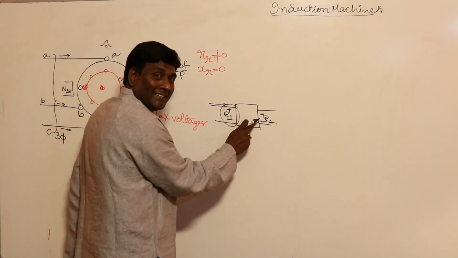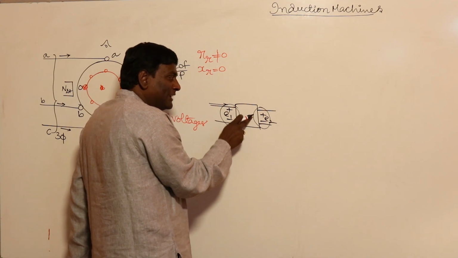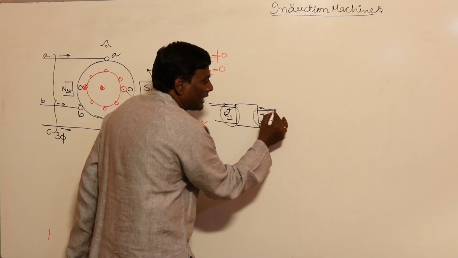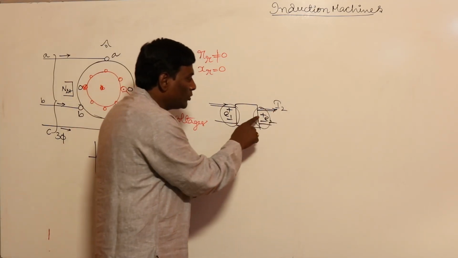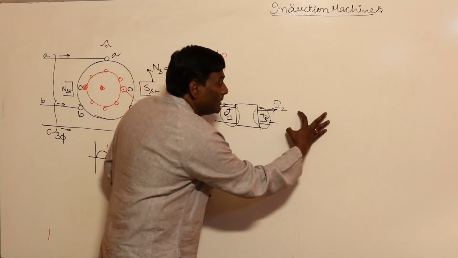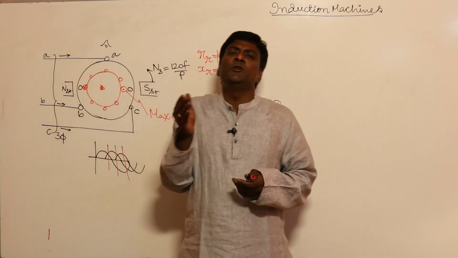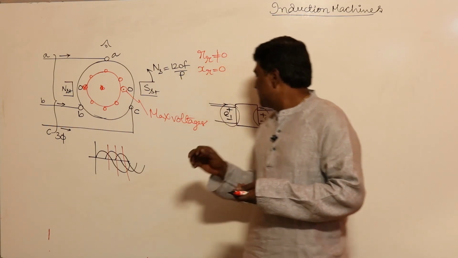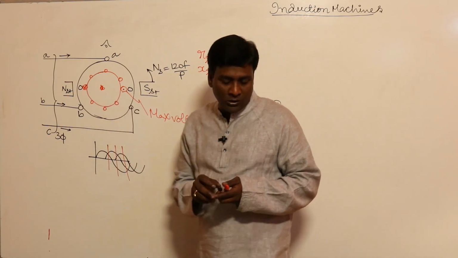But my secondary is going to behave like a generator because it is generating power to the load, so I2 will be coming out of the positive terminal. The secondary behaves like a generator, but that generated power is absorbed in the load. Here, that generated power is being utilized to convert it into mechanical form. So the transformer secondary is nothing but the rotor in the induction motor.